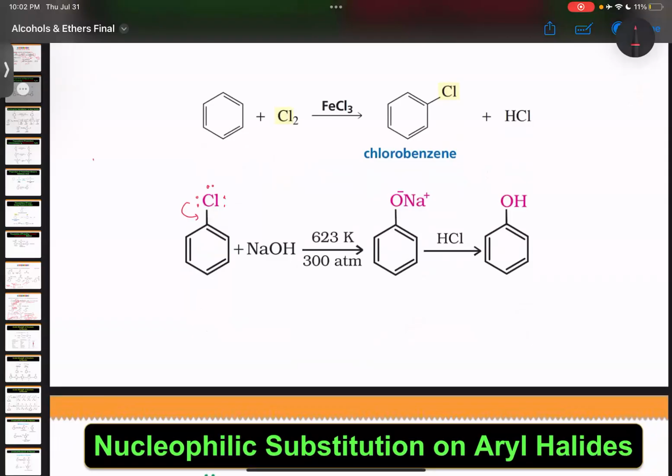Normally, if you talk about CH3Cl, it is more polar, and positive and negative charges are in this direction. Got it? But once you have the benzene, the lone pair of the chlorine and the double bond of the benzene start overlapping, and you have resonance happening.